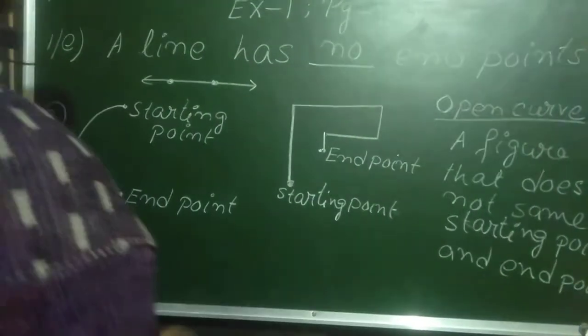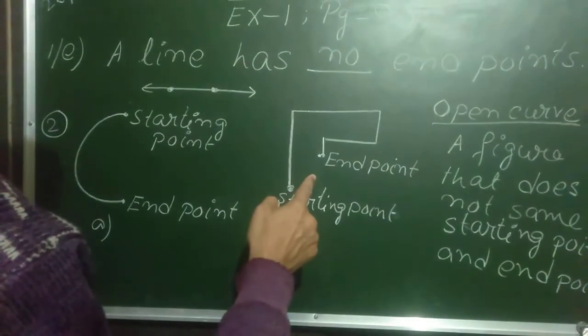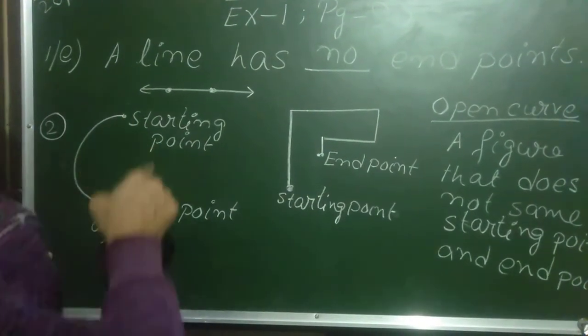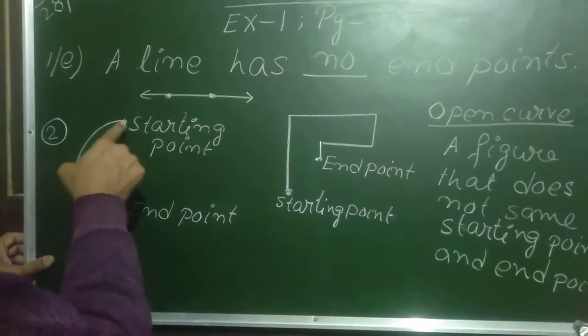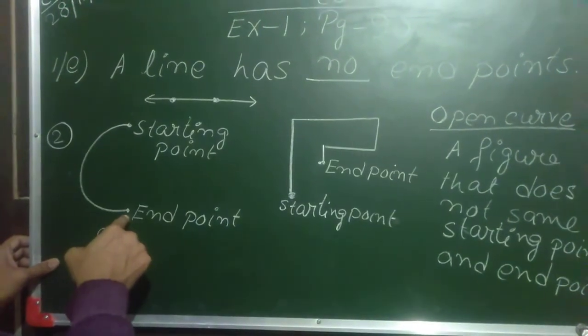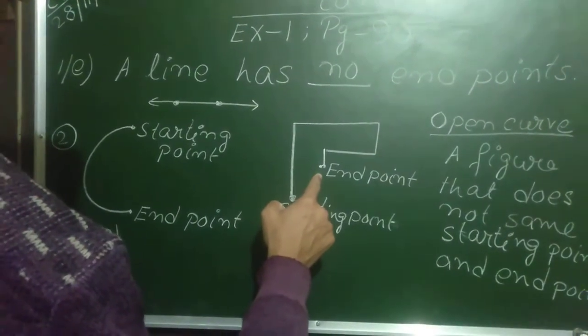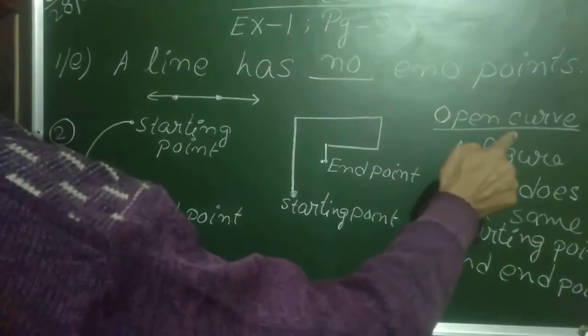Okay, so these two figures don't have same starting point and end point. Starting point and end point are different. This is the starting point and this is the end point. This is called open curve.